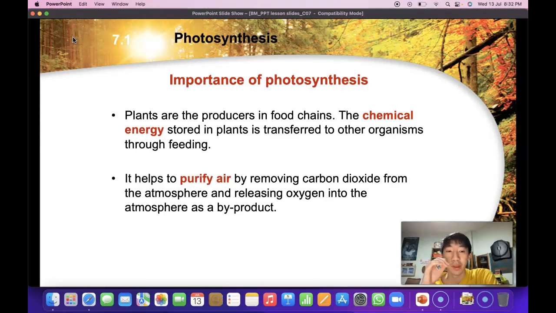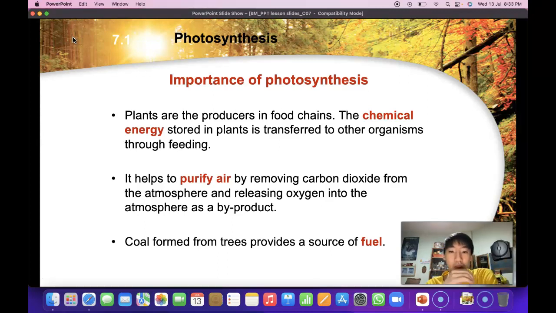So in a sense, purify doesn't mean a filter, but it removes carbon dioxide and releases oxygen. And who needs oxygen? Of course, us: mammals, humans, other animals, even plants. At night, plants also need oxygen when they are not doing photosynthesis. They need to carry out respiration, and respiration always requires oxygen.